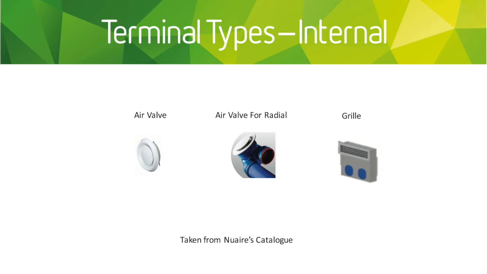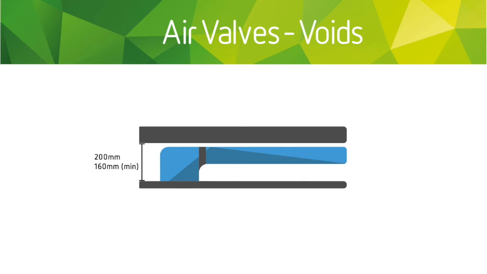The biggest thing to note is the location of air grills and air valves. That normally determines your clear void depth in your space. Manufacturers generally ask for a minimum of 160 millimeters to install, but preferably around about 200. This allows for the grill, for the valve, and then the plenum that fits on top, and then allows for the connection into the plenum.